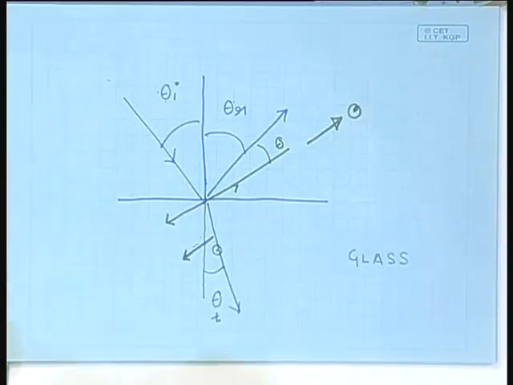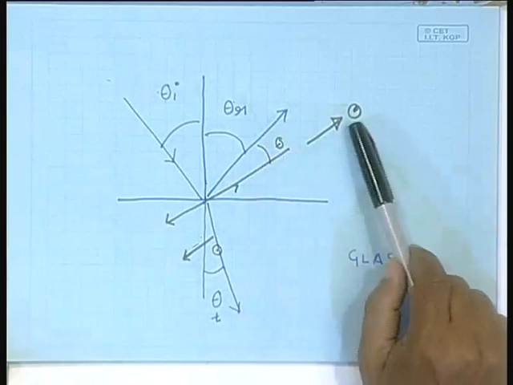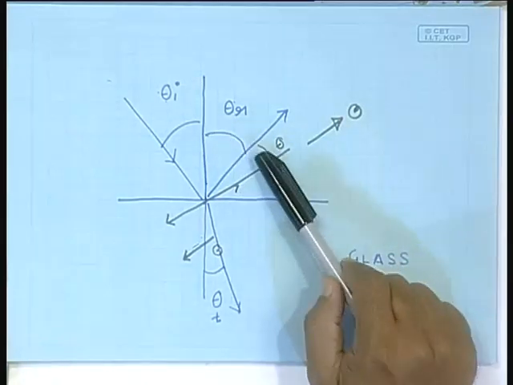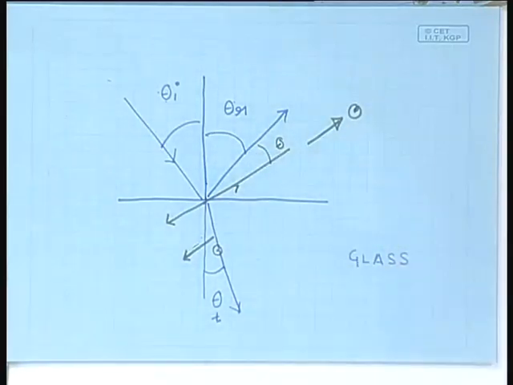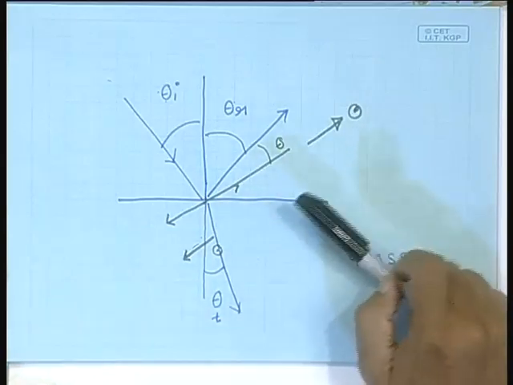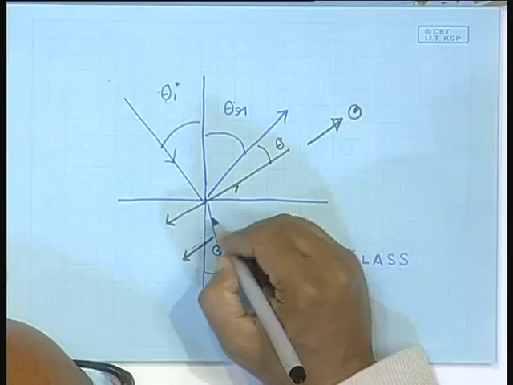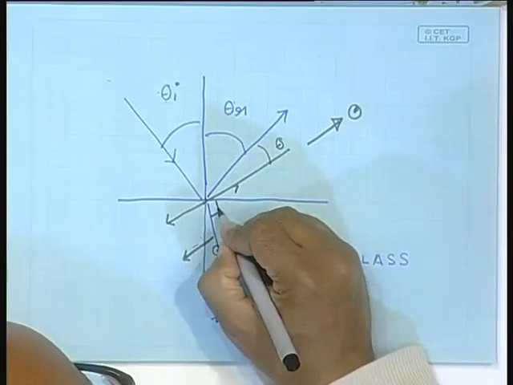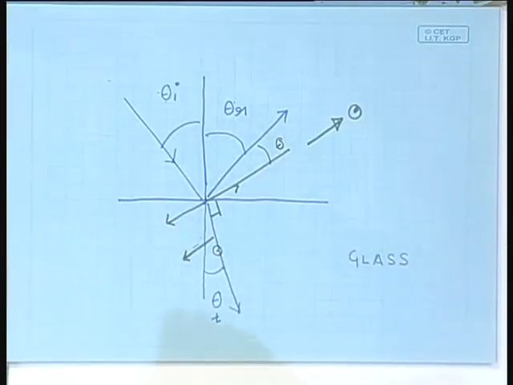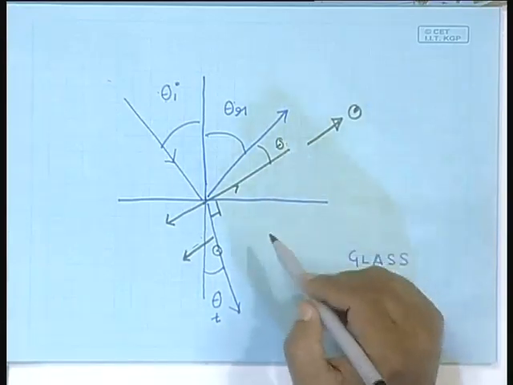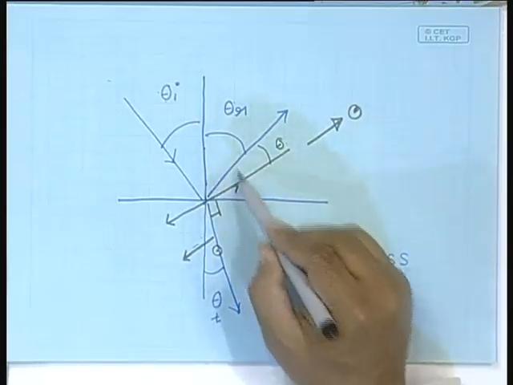So, the question now is, what is the condition that has to be satisfied, for what reflection angle is this condition going to be satisfied? So, what we see is that if theta is 0, this angle we know is 90, so this total is 180.